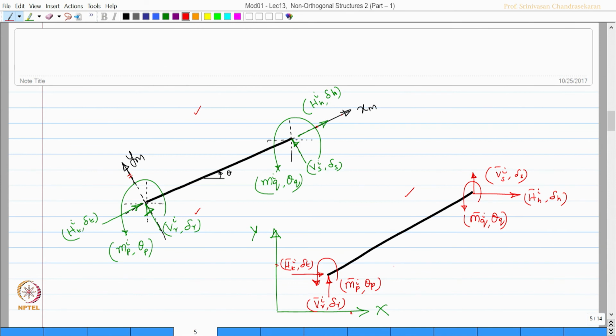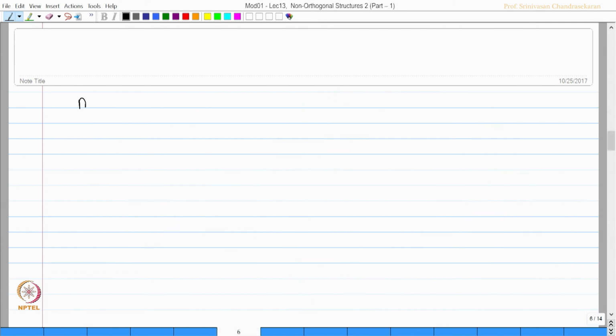Okay. The m p and m p bar, m q and m q bar, whatever may be the angle of inclination, have no difference. So, let us write down that. I should say m p bar, m q bar, v r bar, v s bar, h t bar and h h bar.